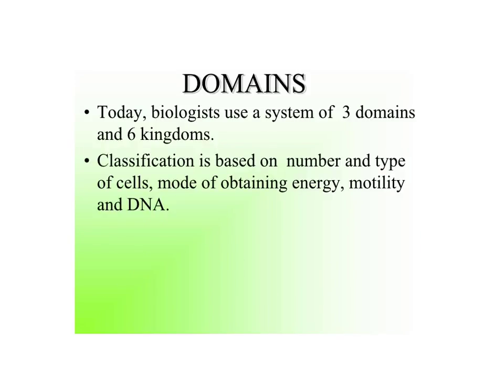Now, since the time of Linnaeus, we have changed his classification system a little bit. We now have what we call three domains and six kingdoms instead of just a few, which is what Linnaeus came up with. Classification now is based on the number of cells and the type of cells, how the cells get energy, whether the organisms can move around, and of course DNA is important today.